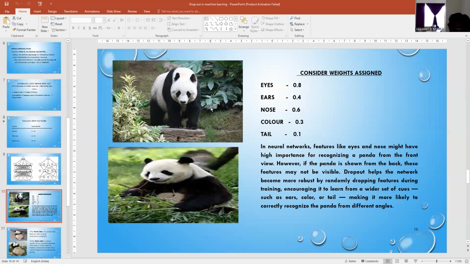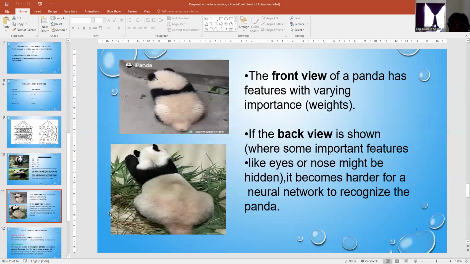Let us consider this figure also. Here a panda is sleeping in a back view, so you can't identify the features of the eyes as well as the nose. If you show this panda image to the machine, it must correctly identify that it is a panda.